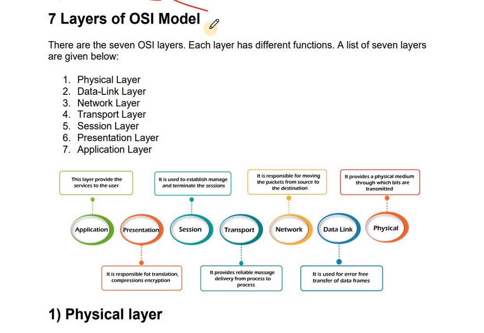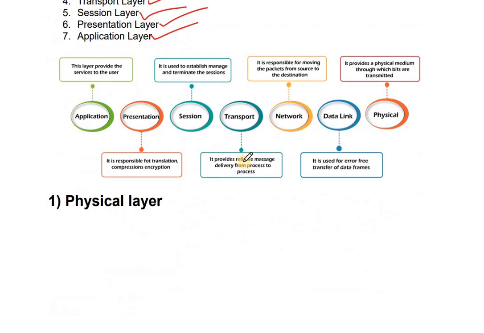Now, the 7 layers of the OSI model: the physical layer, data link layer, network layer, transport layer, session layer, presentation layer, and application layer.